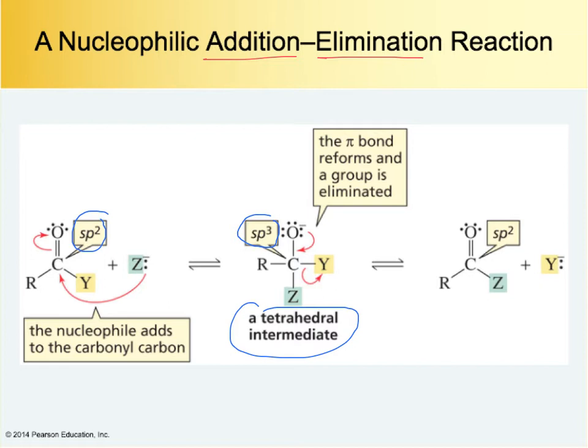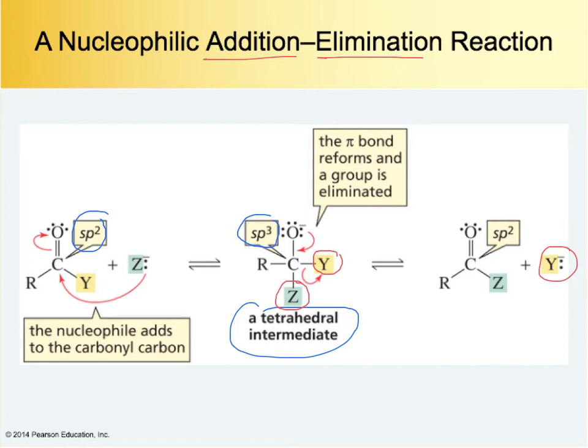In this tetrahedral intermediate, now we have a choice. We have two things on there. We can either get rid of Y or Z, and whichever one's a better leaving group is the one we're going to kick out. So Y, in this case, is a better leaving group. We added in, went from sp2 to sp3, the tetrahedral intermediate.